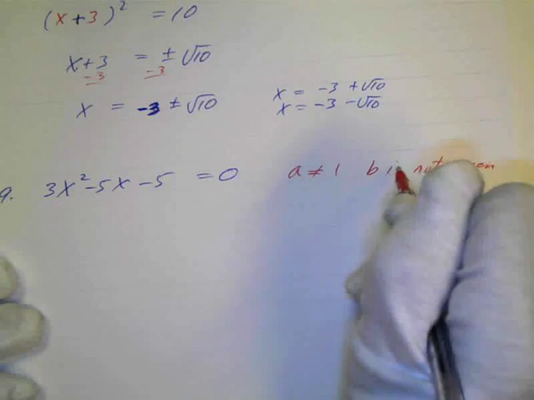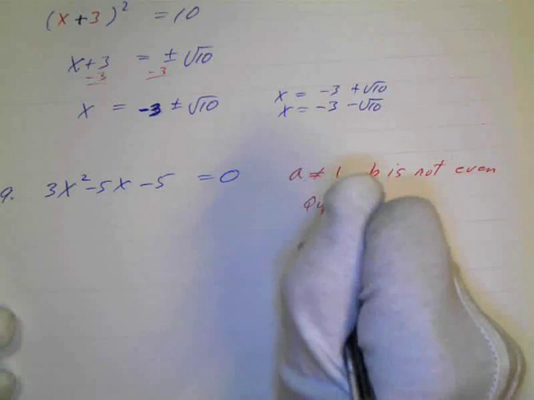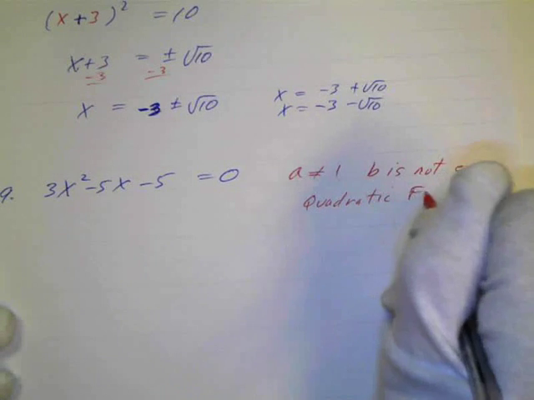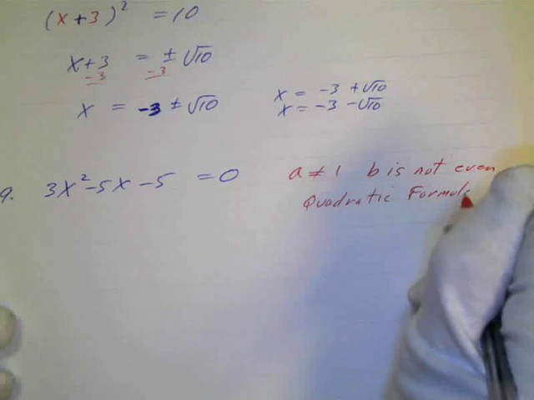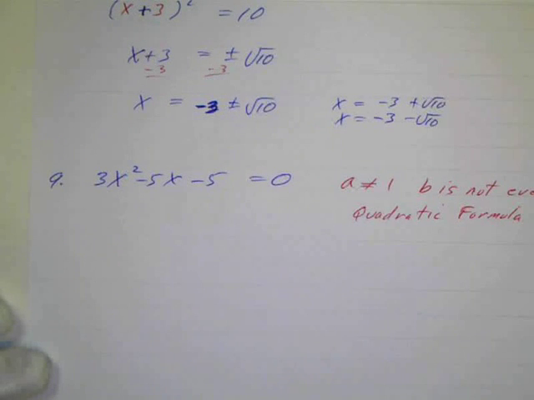All right, so we're not going to be able to complete the square, so we're reduced to the quadratic formula. And I think I've got some videos on doing the quadratic formula, so we'll just apply that.